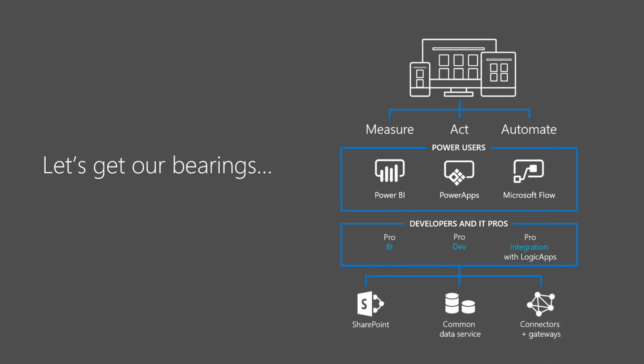Now, connecting all of this is our connector to SharePoint, as well as our connector to the Common Data Service. The Common Data Service is what we use to connect to entities that you typically get from Dynamics 365. So things like your sales entities, your organizational entities, etc. We also have a variety of other connectors, and you can also connect to on-premise data using gateways. By connectors, we actually have over 150 different connectors. So it's not just SharePoint and CRM.